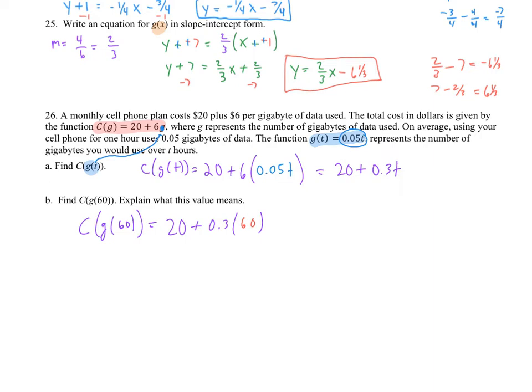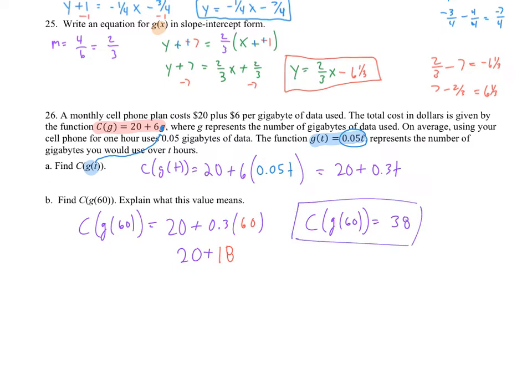So 0.3 times 60 is 18. So I got 20 plus 18, which of course is 38. So C of G of 60 equals 38.